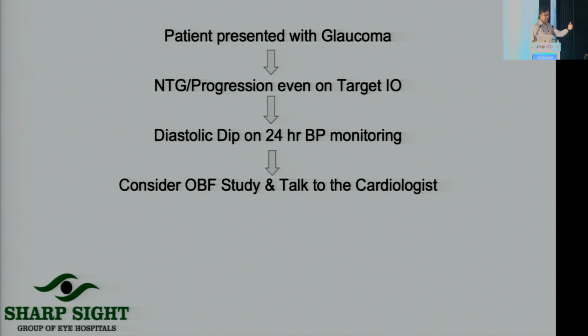How can we assimilate all that sir has told us into our clinical practice? We tell the patient to get ambulatory BP monitoring, and then we do an ocular blood flow analysis. We send the patient to a radiologist and then to the cardiologist. So we should have a triangle: the ophthalmologist, the radiologist who is doing the ocular Doppler, and the cardiologist, because the vascular component plays a very important role.